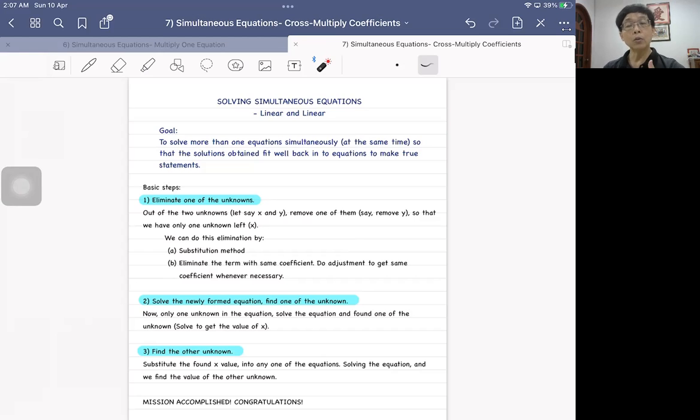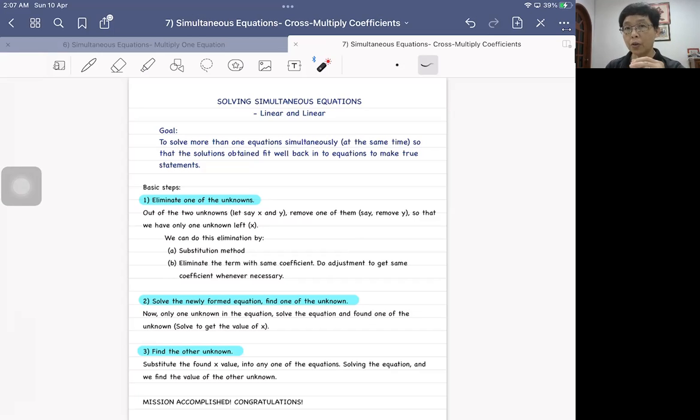And then once you have done a successful elimination, you will be left with a very simple linear equation with only one unknown. Then you just solve that equation and get the value for that first unknown.